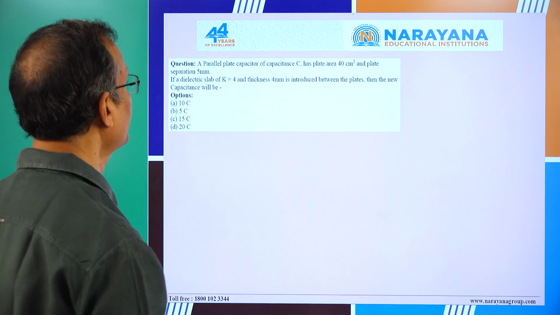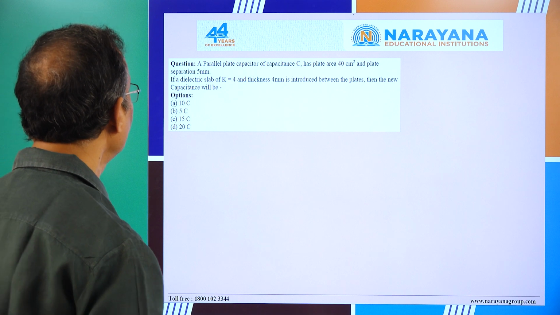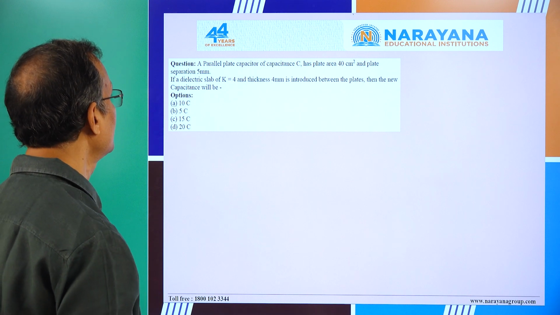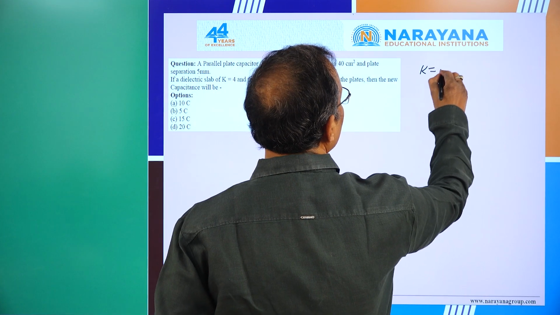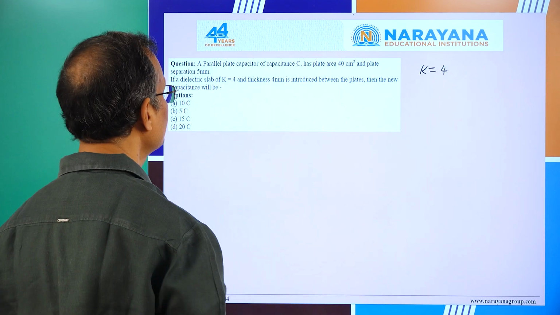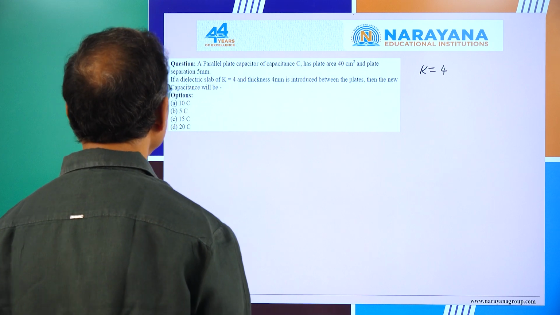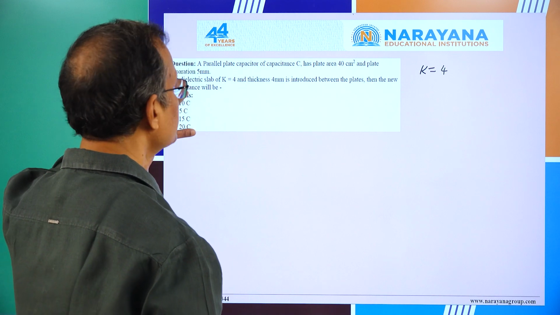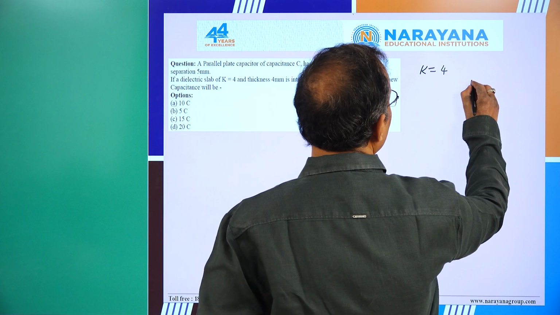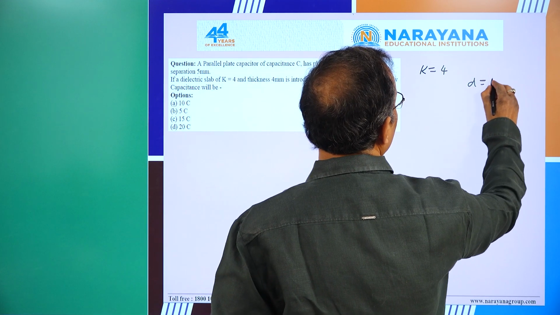A parallel plate capacitor has plate area 40 centimeter squared, plate separation 5 millimeter, and a dielectric constant K equal to 4, thickness 4 millimeter, is introduced between the plates. Then the new capacitance will be. They have given you separation D, 5 millimeter.